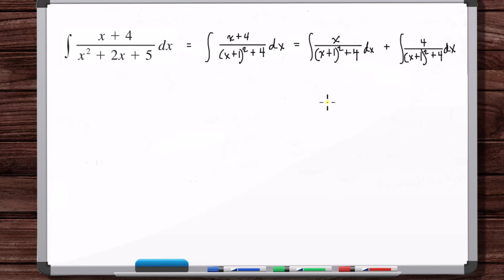So for both of these, we're going to say that u is equal to x plus 1, which is going to be the u substitution. Therefore, du is equal to dx. So we've got u squared plus 4, and then the x is going to be u minus 1, du.